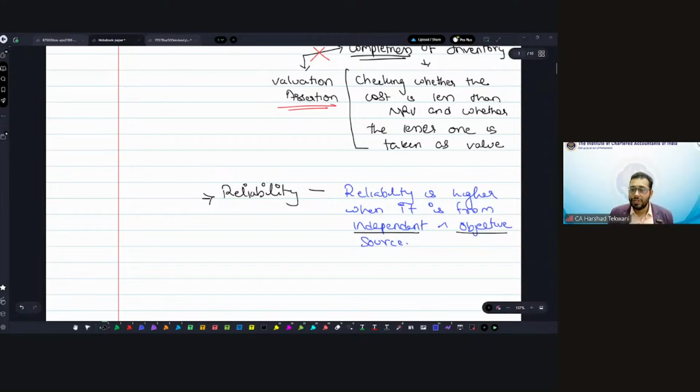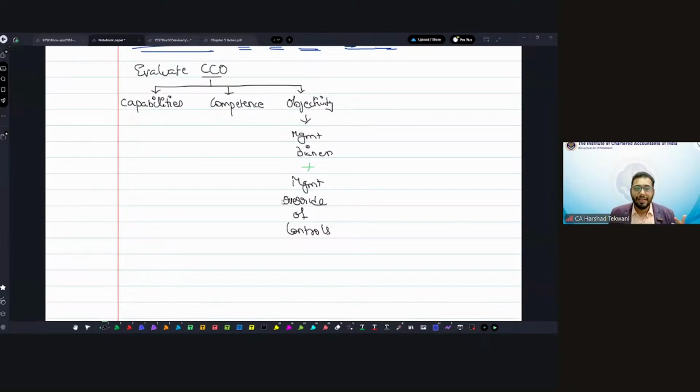Accordingly, I need to determine how objective his work is, and what procedures I need to perform. So evaluate CCO, that is the capabilities, competence, and objectivity, for management bias and the reliability of audit evidence. And again, why management bias? Why estimation uncertainty? Because of management override of control. There is a risk involved in that.